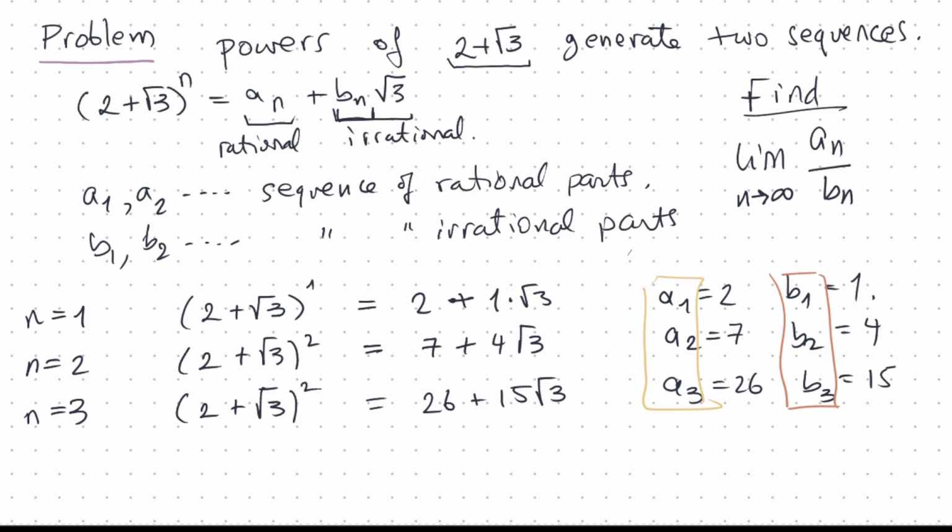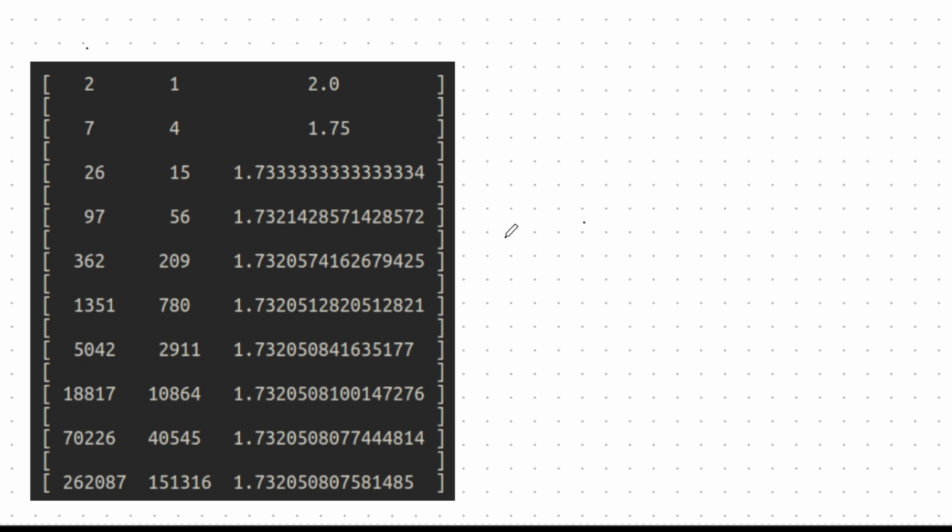And let's do more numerical experiments. And this time I'll go farther using some computer programming and just show you how the numbers work out. Here's the output of a bunch of computations I did in Maxima. So here is my an, this is my bn, and here's my ratio an over bn.